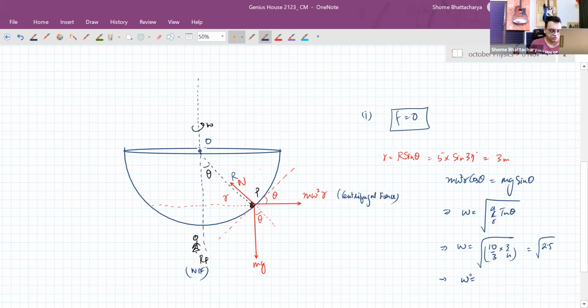So it will be close to some 1.5. One 1.6 almost actually.